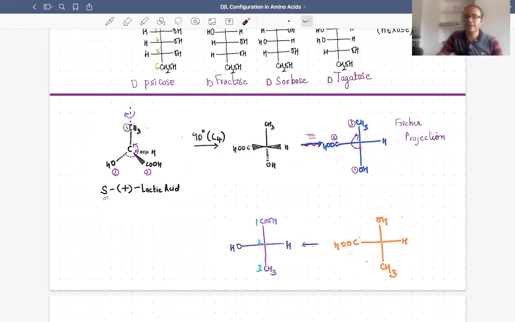So right now, since we are getting a clockwise orientation, it seems to be R, but it is not R because our lowest priority group is on the horizontal bond, and therefore our configuration of this particular Fischer projection formula is S, as we started with. That is, here we started with an S. When we converted it into a Fischer projection formula, it's still S configuration.